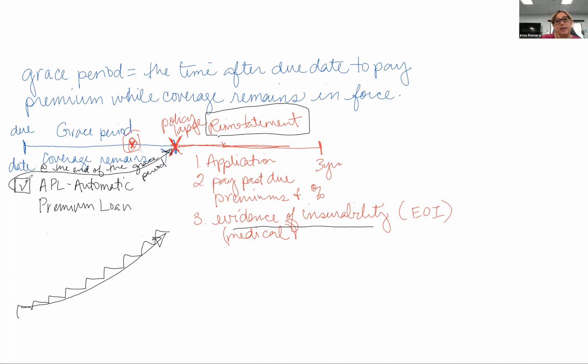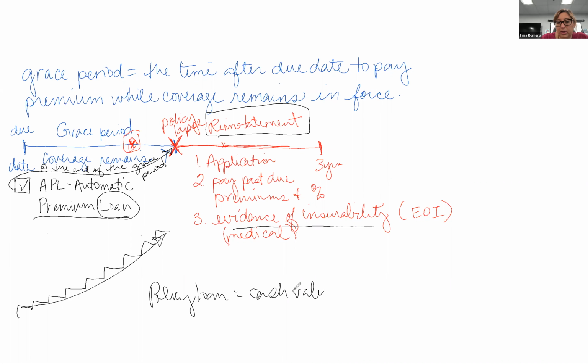When the APL kicks in for the premium, you already know they're late because the APL doesn't kick in, like we said, until the end of the grace period. Just call them and remind them and find out what happened, and get that rectified, because it is a loan. Inside of the policy, you have a policy loan provision when it's a cash value policy.